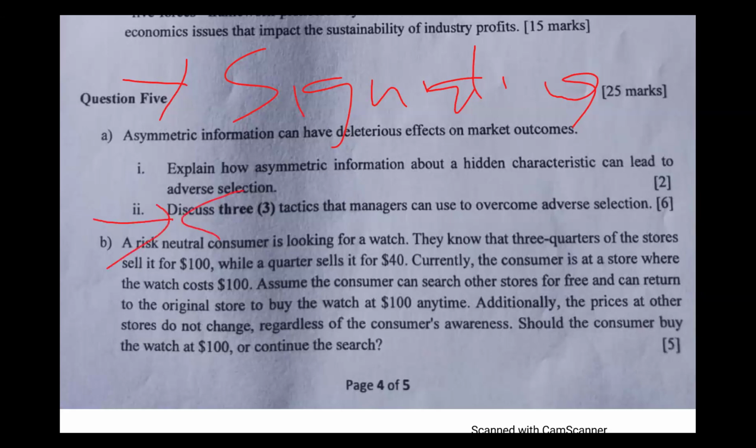Number 2 is screening. Screening helps us avoid this problem. It is a method used by an uninformed party, in this case, let's say the buyer, to induce the other side to reveal information.